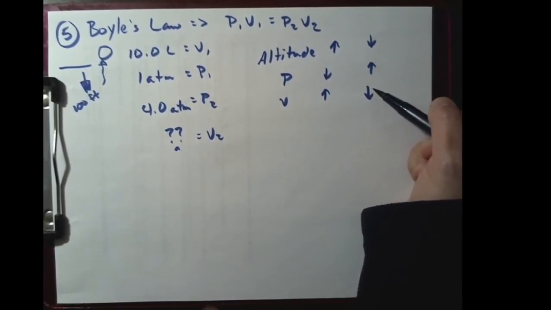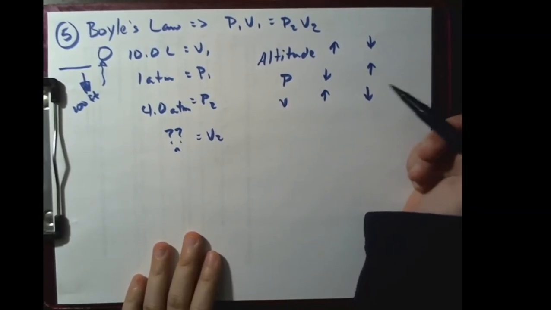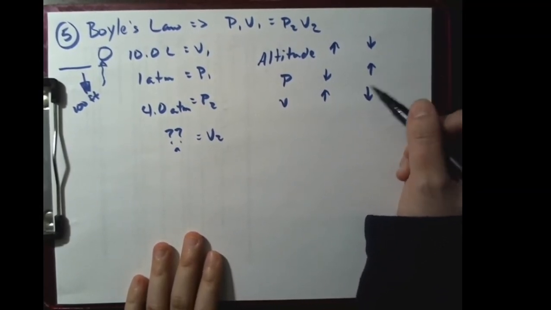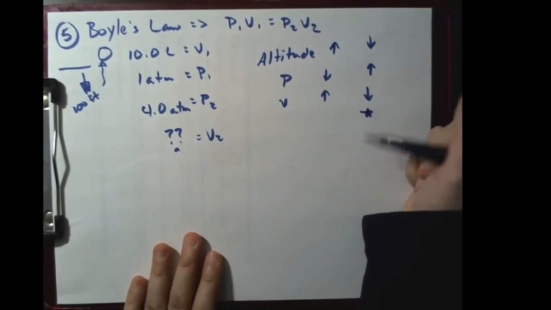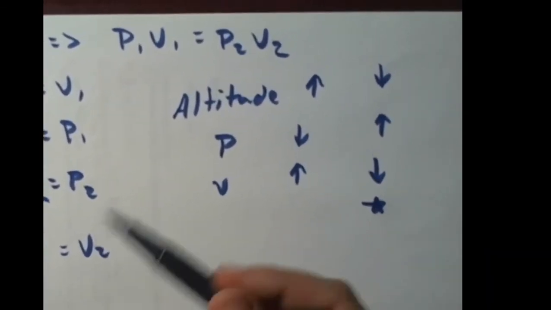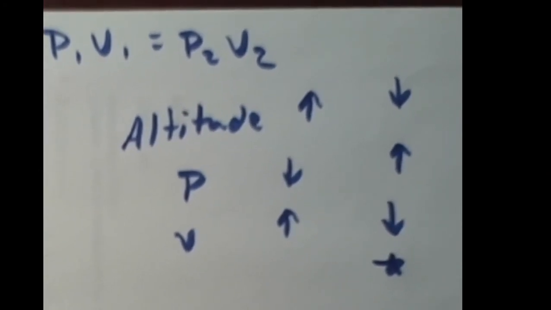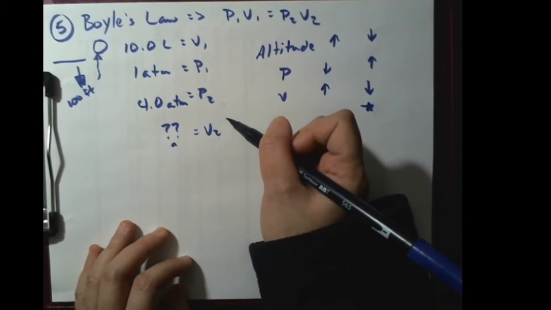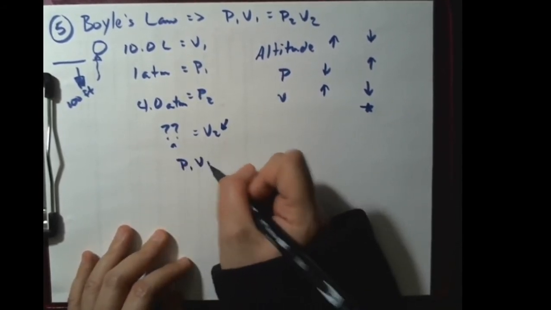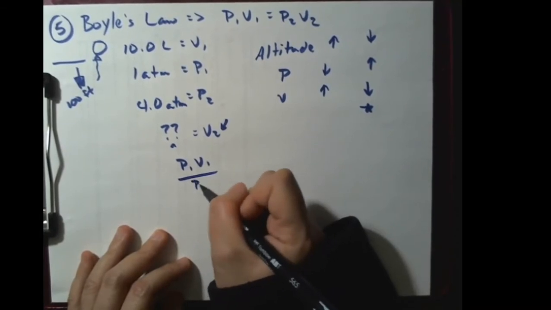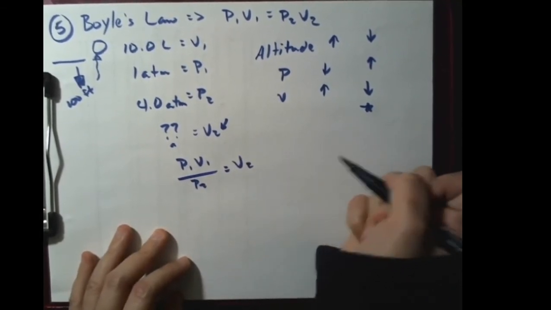So to answer will the volume of the balloon increase or decrease, we're going to predict that it decreases. Now let's find this out by doing our calculations. Again, we're just going to be manipulating the formula. So P1 V1 over P2 equals the final volume.